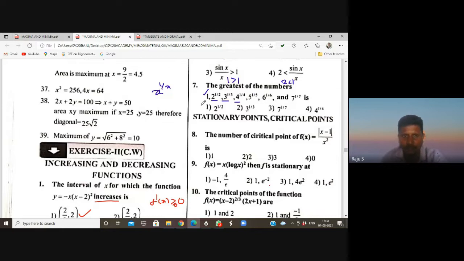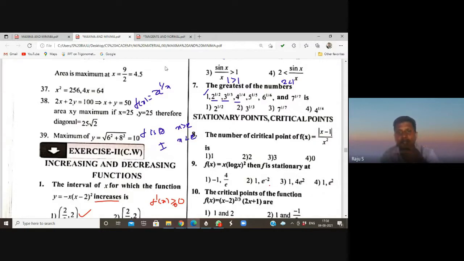But here, remember students, there is a property. So what is the property? Whenever the function is in the form f of x is equal to x power 1 by x, f is decreasing if x is greater than e. F is increasing if x is lesser than e.